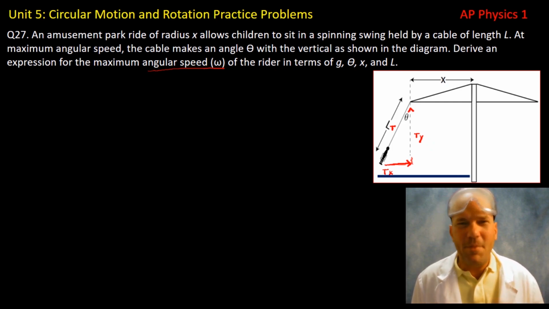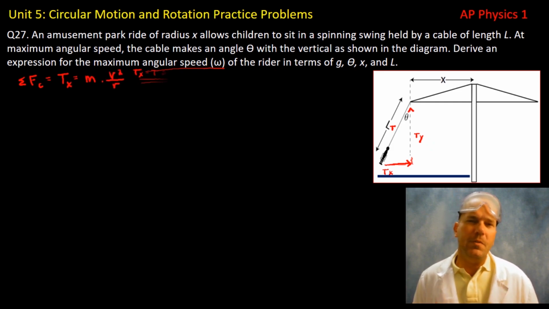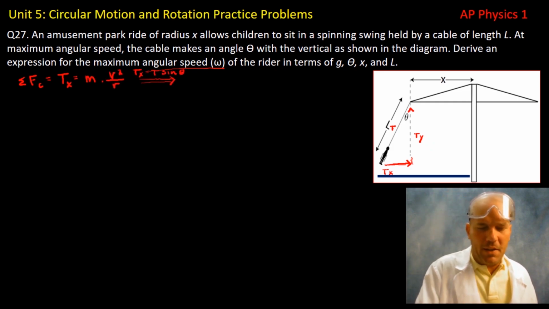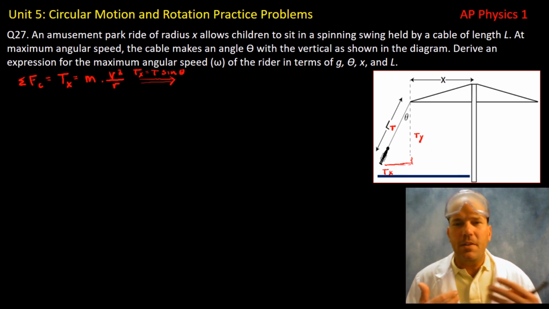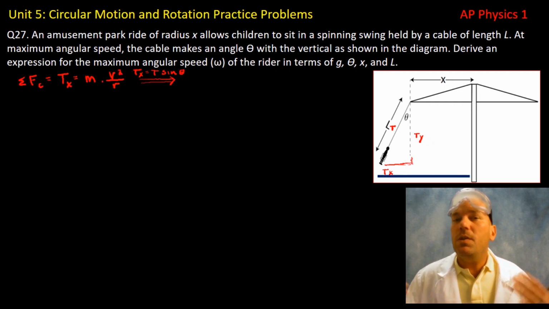Step 2, sum the forces. Let's sum the forces inward. So if we look at that, we can see that the force of tension in the x, or inward direction, is equal to mass times centripetal acceleration.